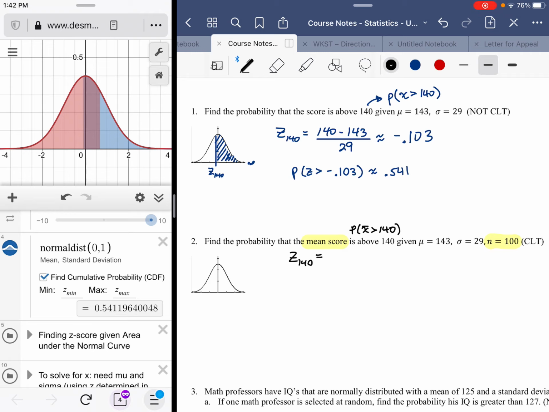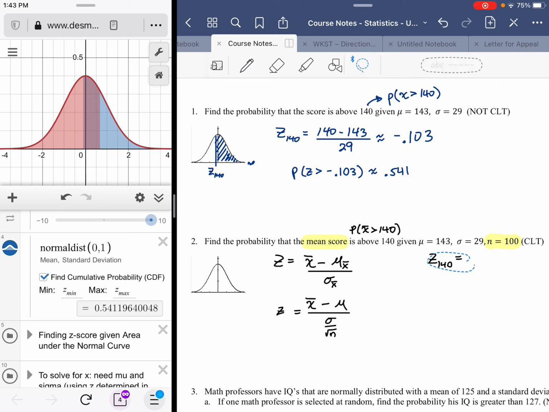So the z-score formula that we would use is z equals, instead of x, x bar, instead of mu, mu sub x bar, and instead of sigma, sigma sub x bar. The good news is, based off of what we learned on the previous page, x bar we're stuck with, but mu sub x bar and mu are the same thing. Sigma sub x bar is the same as sigma over the square root of n.